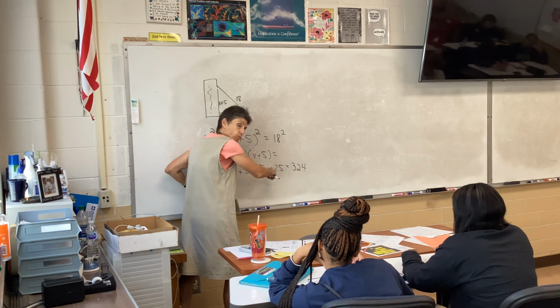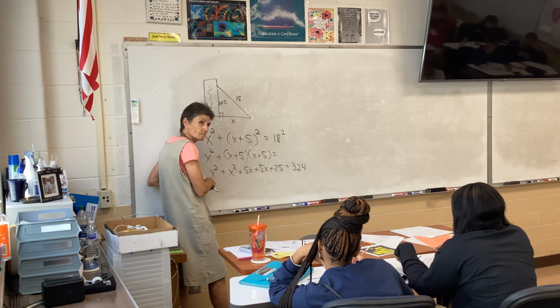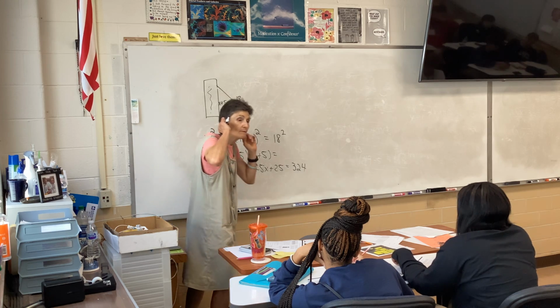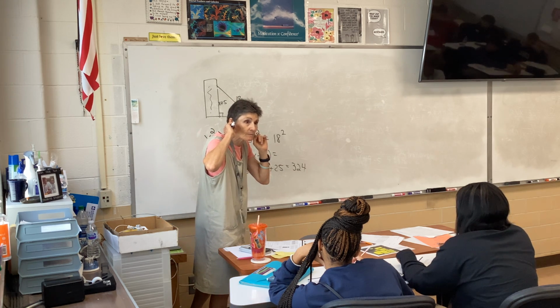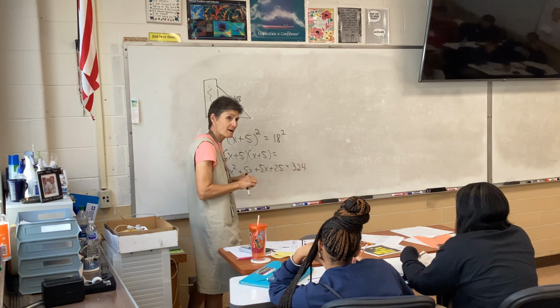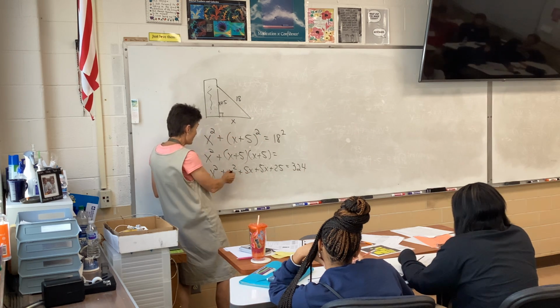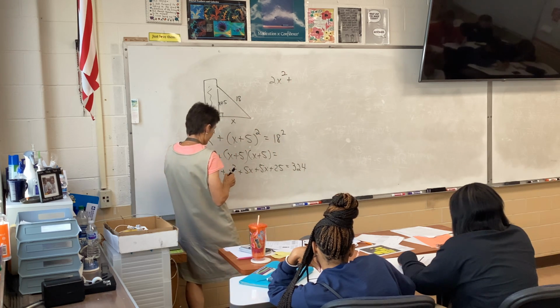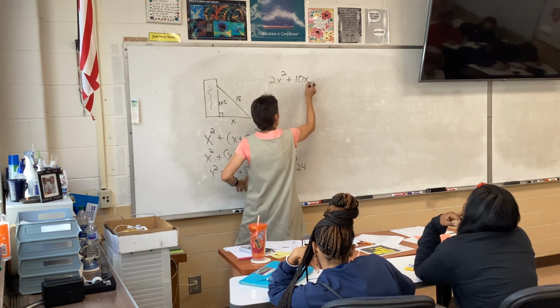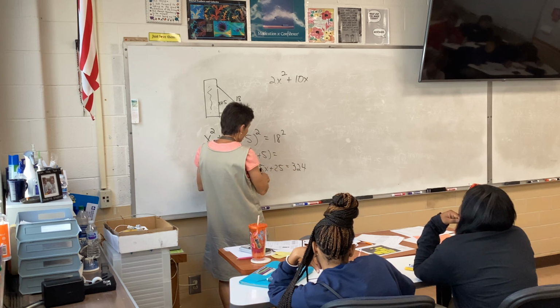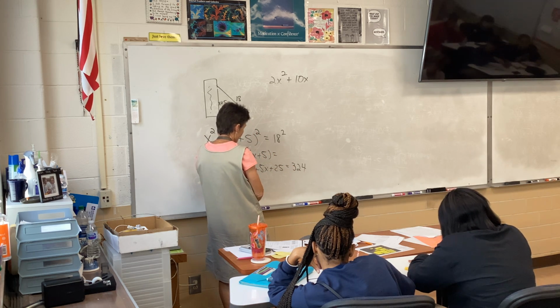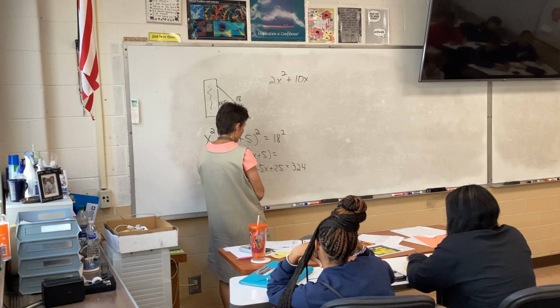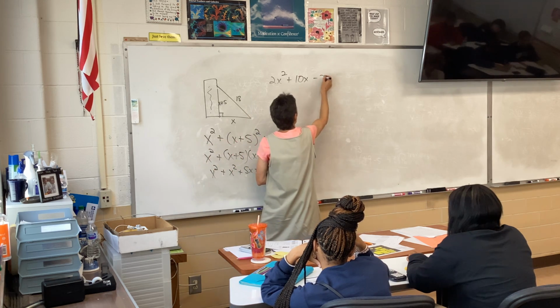You don't have any thought on what we might do with that? I guess like combined terms. Sure, absolutely. Don't make it hard. So we're gonna have 2x squared plus 10x. I'm gonna go ahead and subtract this over. So what is that? Negative 299.